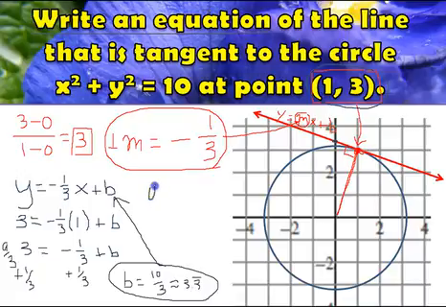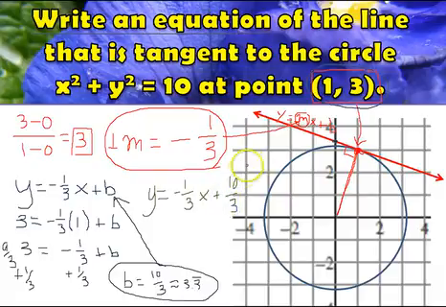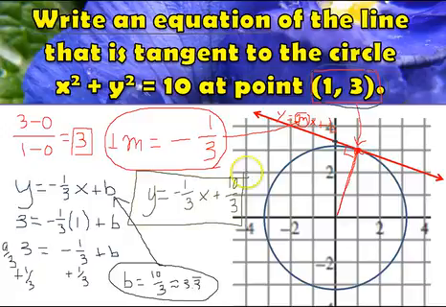The equation of my tangent line, that is perpendicular to the radius at my point of contact, is y equals negative 1/3 x plus 10/3. If you want to write it as a decimal, I guess you can. But this right here, ladies and gentlemen, is my final answer.